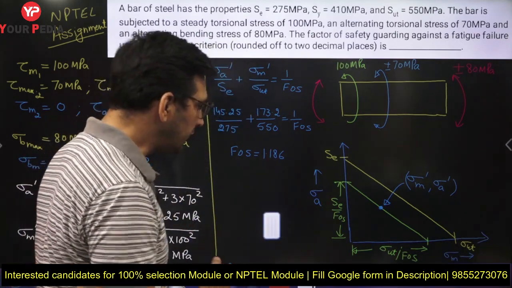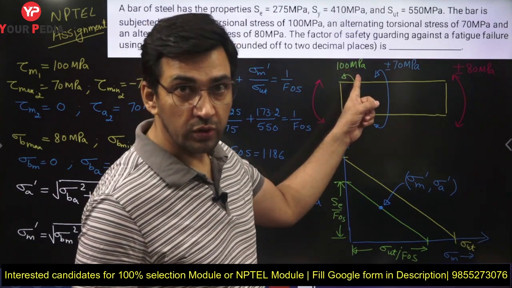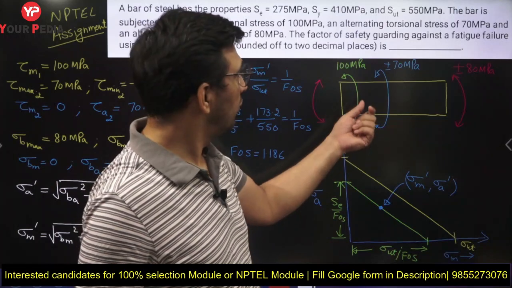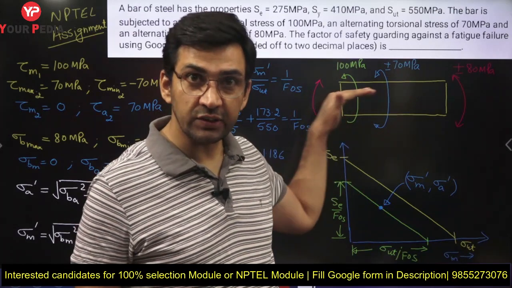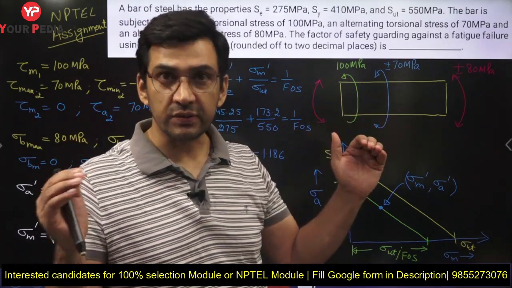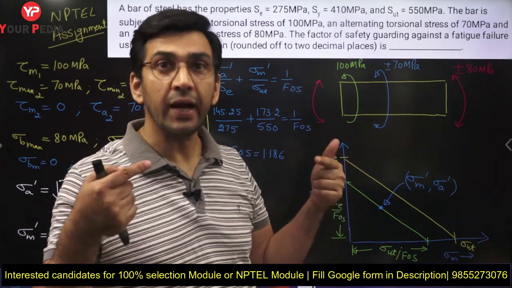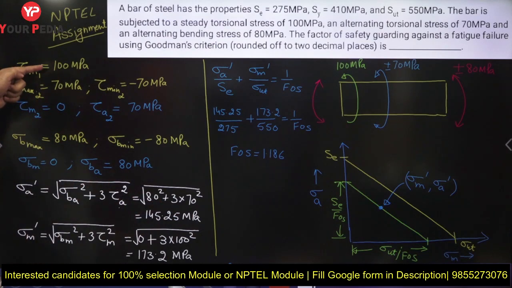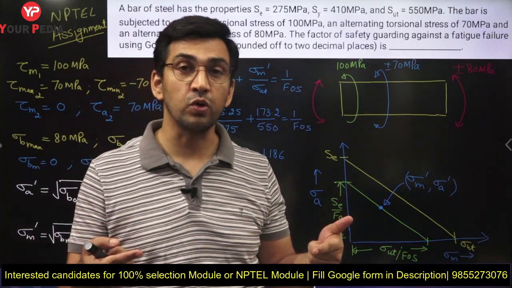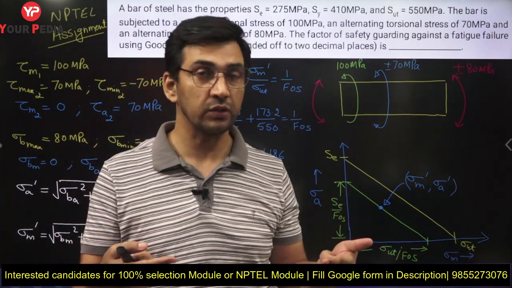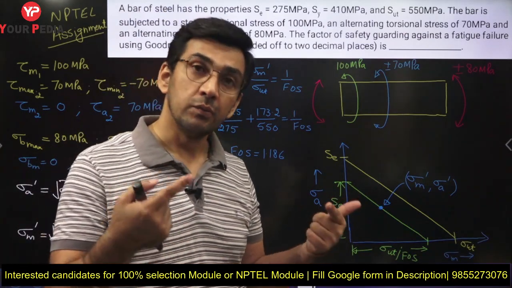Instead of giving a steady torsional load or torsional stress, as he has given you, he may give you a varying torsional shear stress, a varying axial stress, and a steady bending stress. When he gives you steady bending stress, you simply need to add it, like we have added it over here, to the axial stress, because the steady bending stress is going to be either positive or negative.